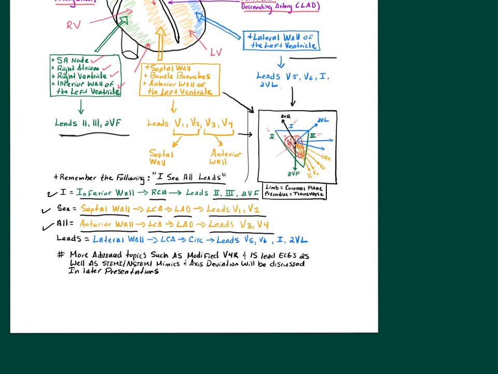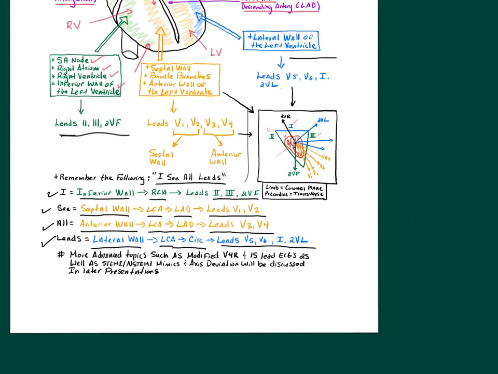I see all, and then finally L, lateral wall, the lateral part of the left ventricle, and that's the LCA, specifically the circumflex branch of that. You guys okay? So far, so good? Okay, good. And we're looking at leads V5, V6, 1, and augmented vector left, AVL.